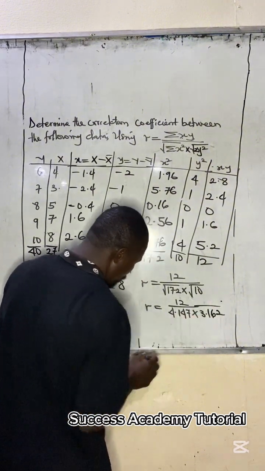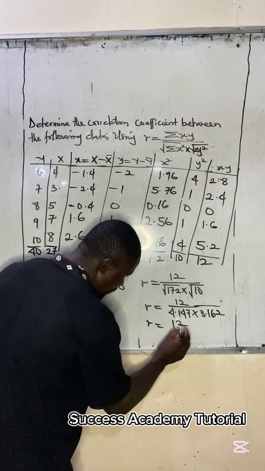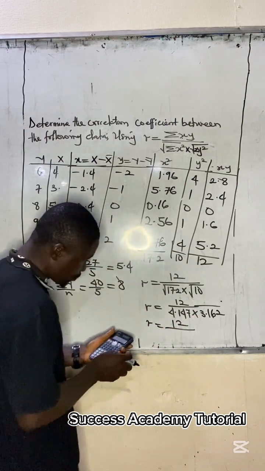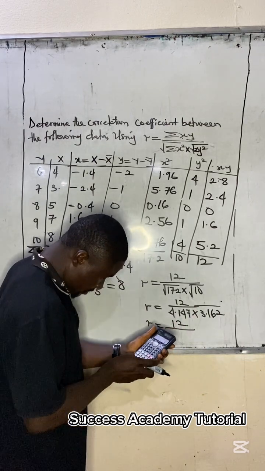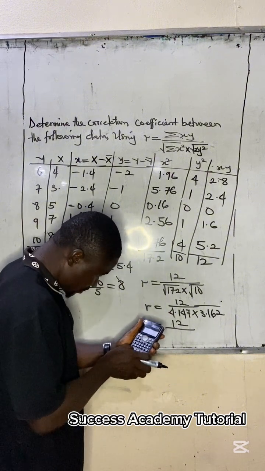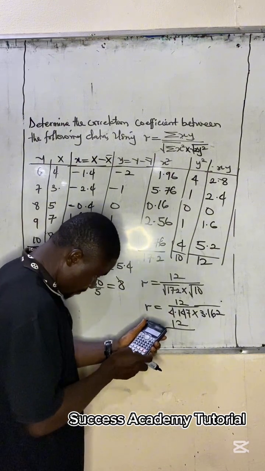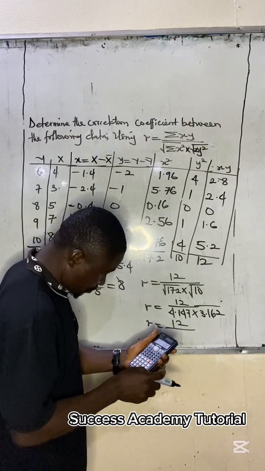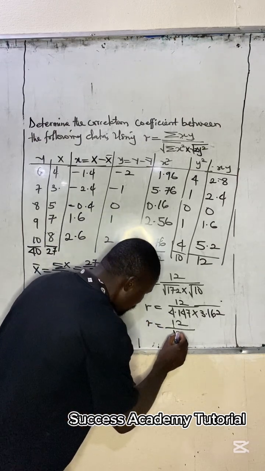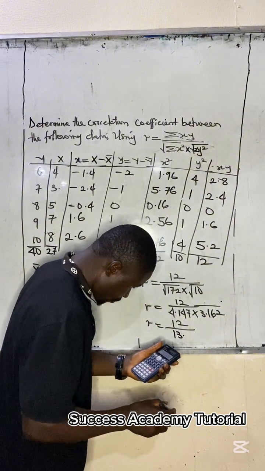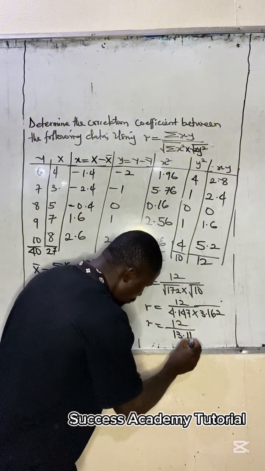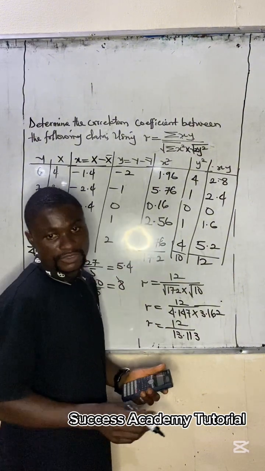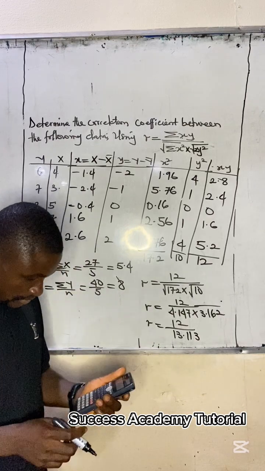So your r is equal to 12 divided by the product of the two, 4.147 times 3.162, which gives us 13.113 to 3 decimal places.